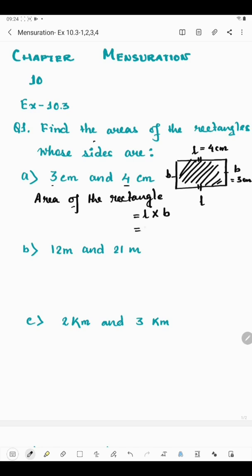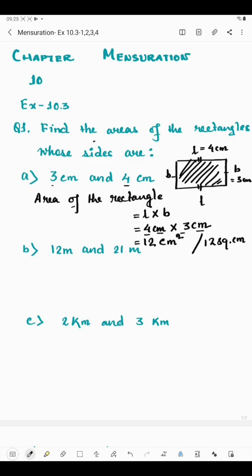Now length is 4 cm and breadth is 3 cm. So 4 into 3 is 12 cm, and when you multiply the unit, it will become centimeter square. Or you can write 12 square centimeter.